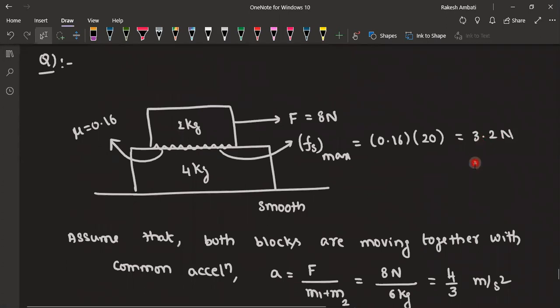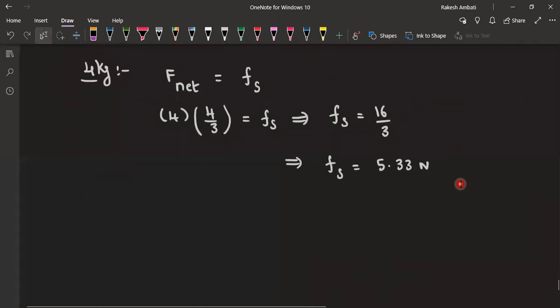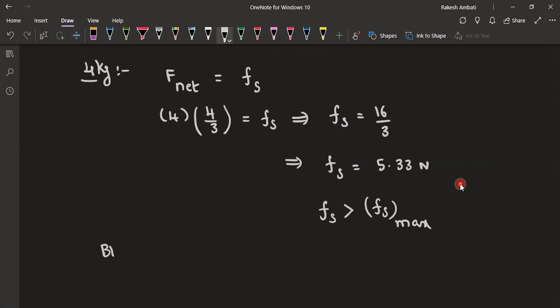Fs maximum is 3.2. Greater. So here the body will move separately. Here Fs is greater than Fs maximum, that means the blocks move separately with different accelerations.